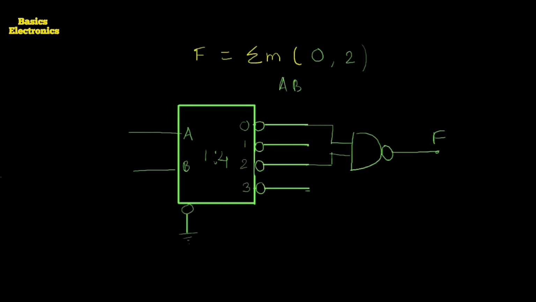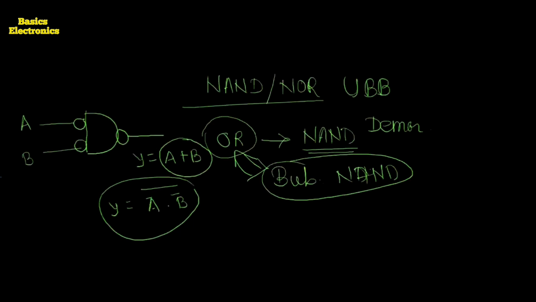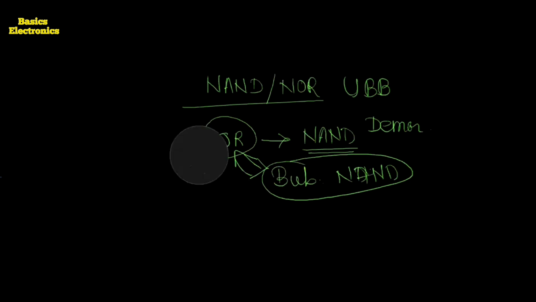Okay, we see one more example by using the demultiplexer. Before that example, we have to once again follow these steps, which we followed in the previous example.